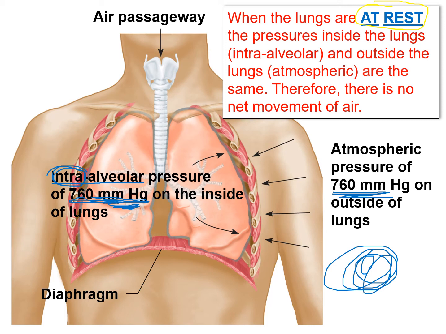Because we live a little bit above sea level, in your room where you're sitting right now, that number could very well be higher than 760 or not the same number. Anyway, when your lungs are at rest, however, the pressure on the outside of your body is the same pressure as the intra-alveolar pressure inside your lungs. Now again, that's at rest. You're not taking air in, you're not taking air out.